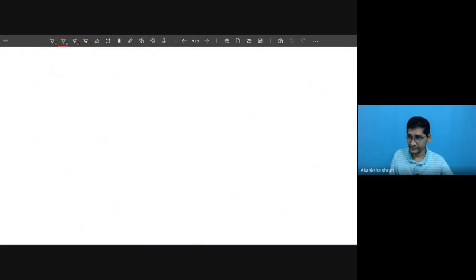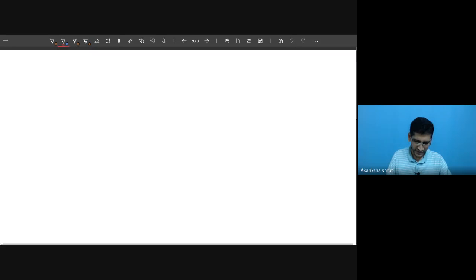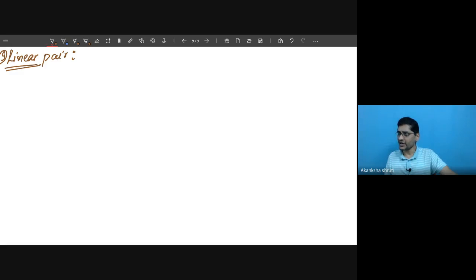Students, now we have to go for linear pair. This is the 9th one. Linear pair means it is a special case of supplementary angle where the two angles are adjacent to each other.